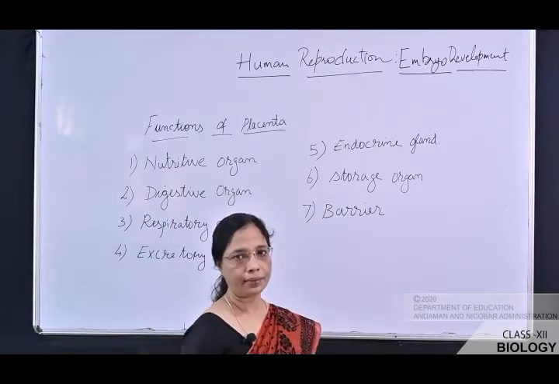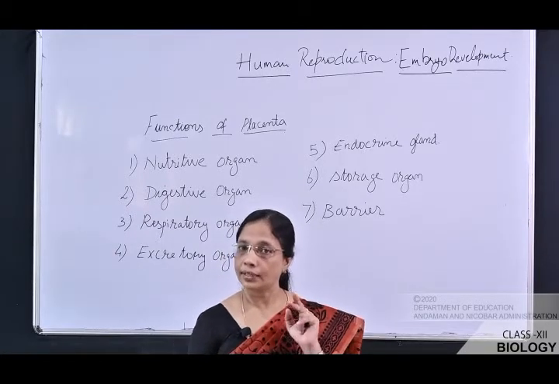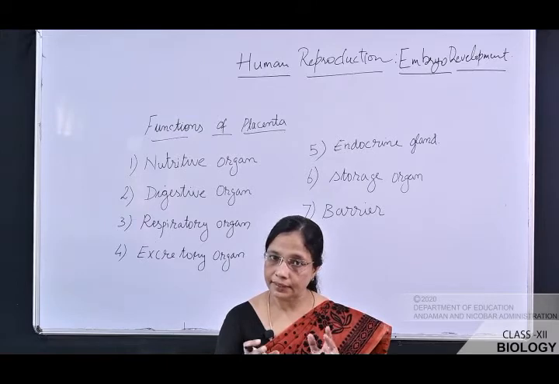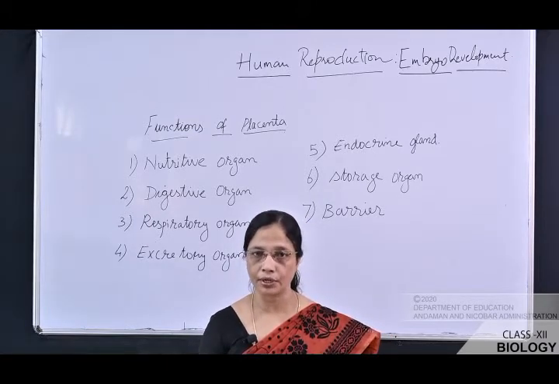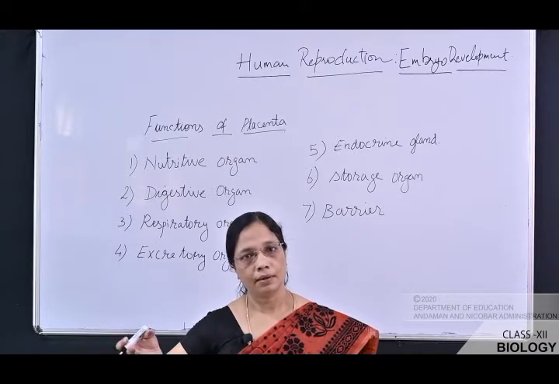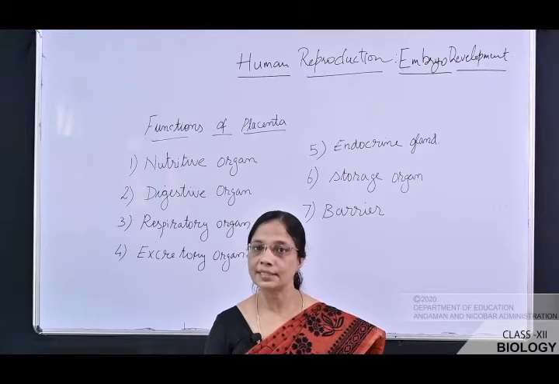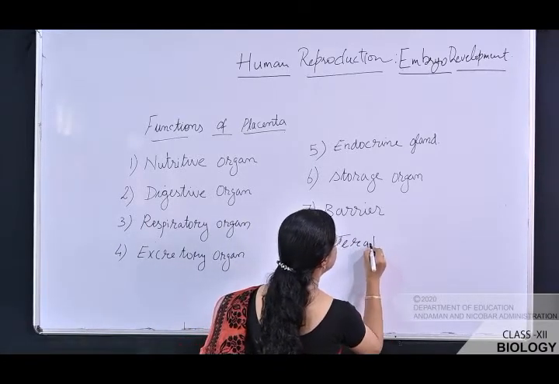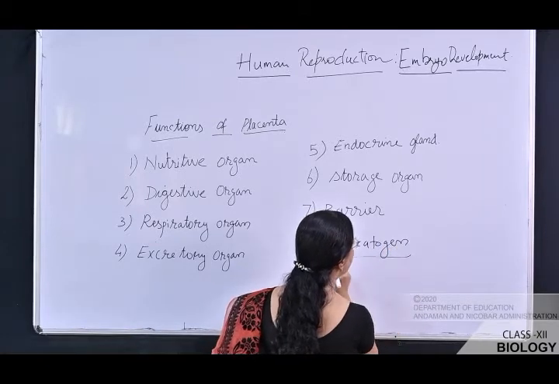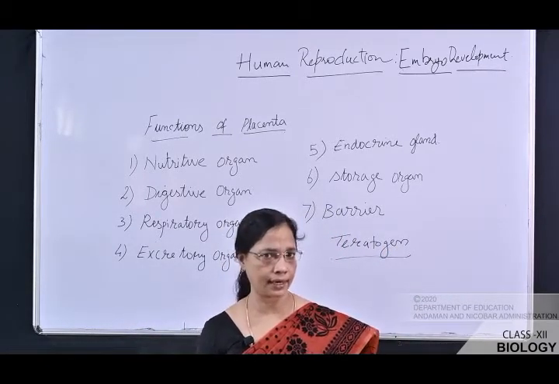Most of the components are not transported to the fetus. But there are certain things which are transported from the mother's body to the body of the fetus. Those are known as teratogens. These teratogens cause harm to the developing fetus. So what are the teratogens?